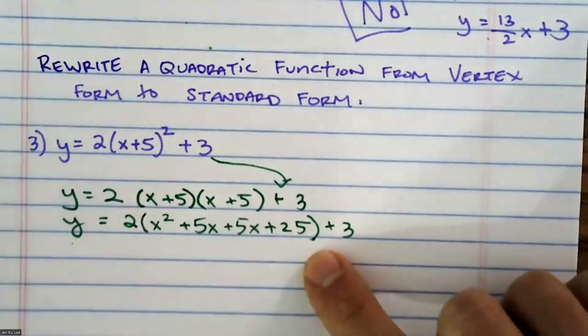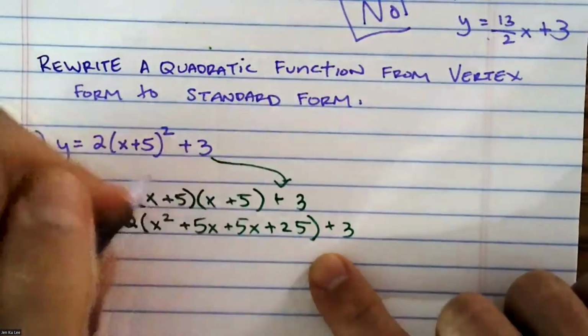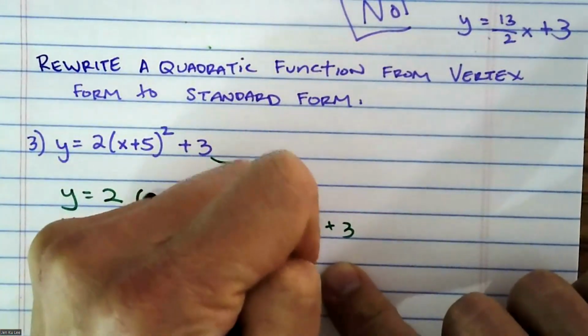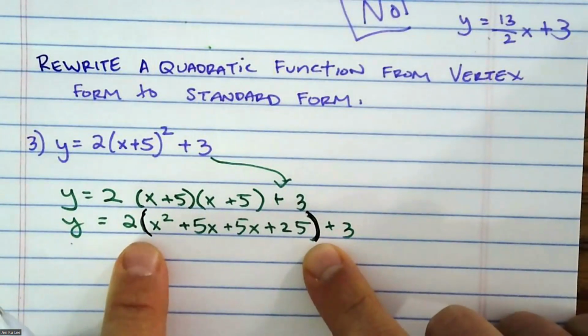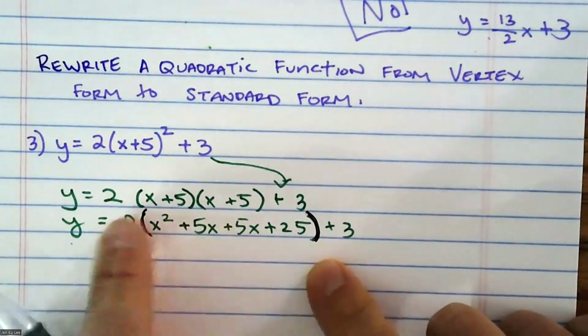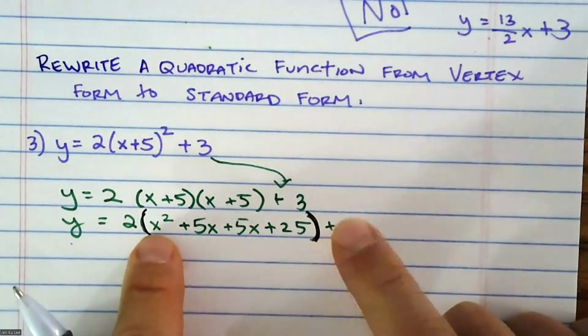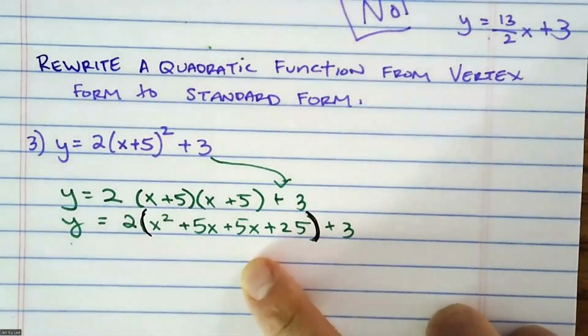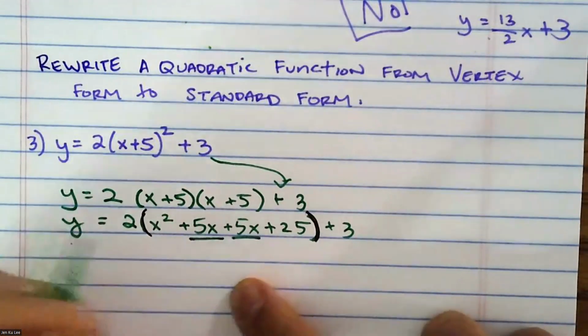Make sure that you do close out the parentheses after you multiply. We need these two parentheses here because we're going to multiply the 2 out before we do anything with this 3. So if I simplify what's inside by gathering the like terms, I see 2 5x's.